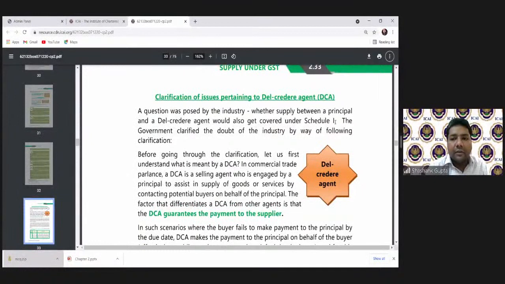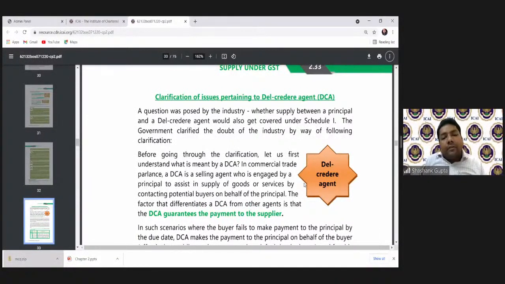We have reached del credere agent. Now, what is a del credere agent? First of all, how is a del credere agent different from other agents?